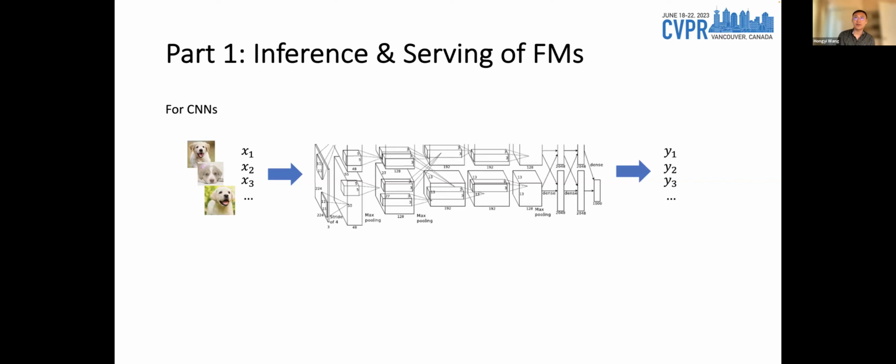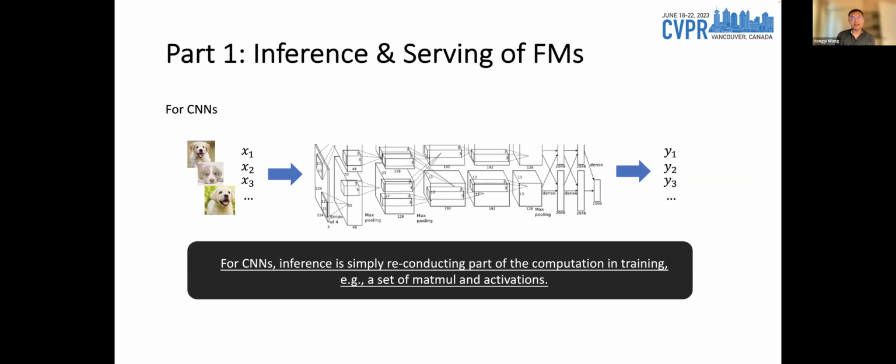But in inference, we just do the forward pass, get the probability output from the last layer, and use the probability to get the prediction label if we're doing a classification task. So for CNNs, it's not technically that different from training. It's just doing part of the computation of the training.